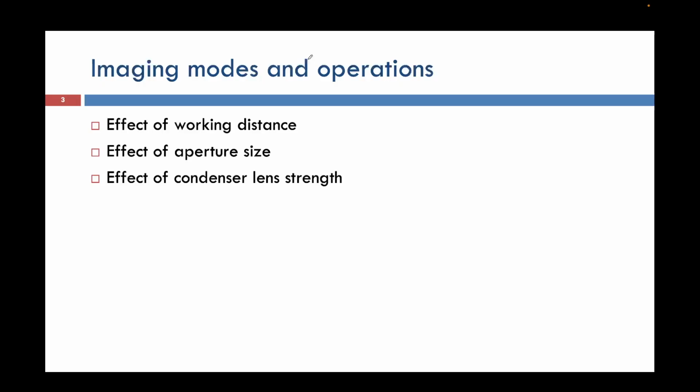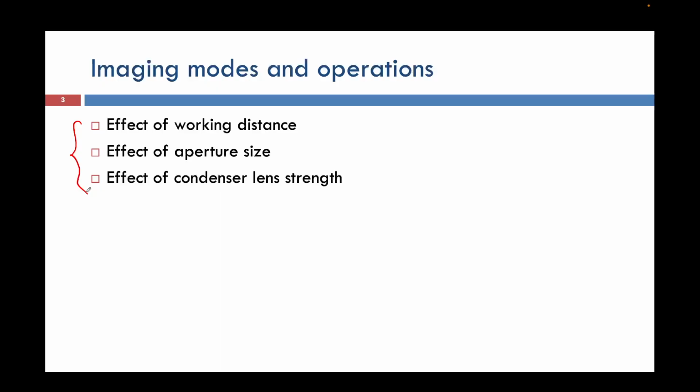Based on these features which I have written here, how the imaging modes will be affected, and what the resolution, the magnification, and the beam current flowing to my samples are, all these things we have to look for.